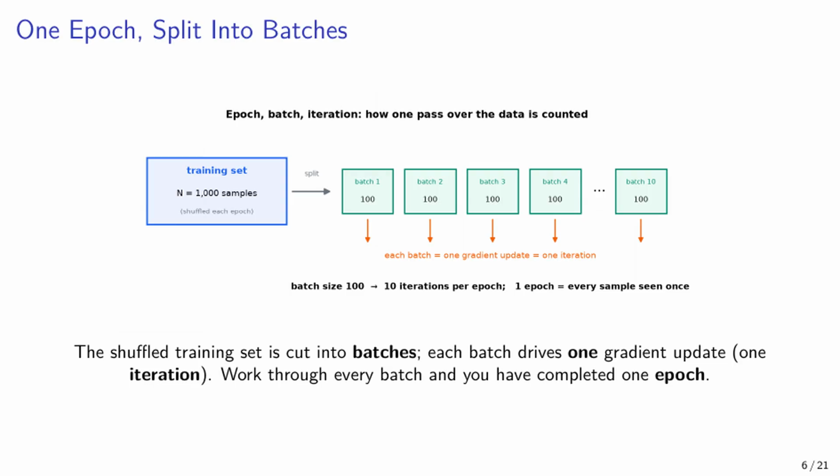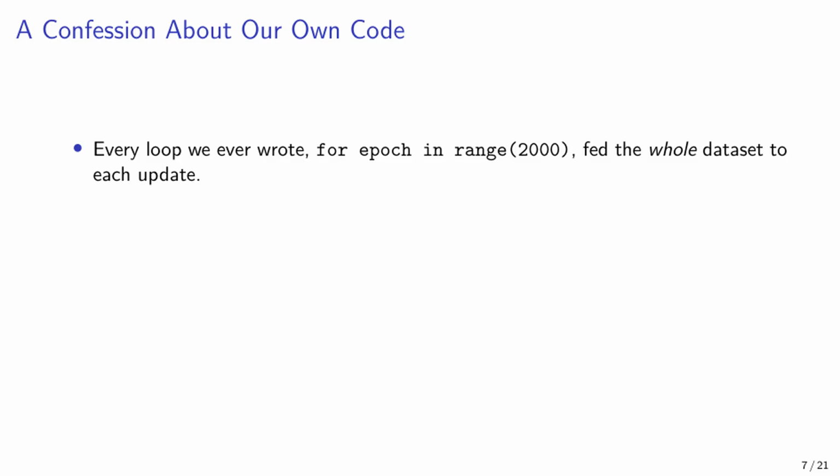Here is one epoch as a picture. The shuffled training set is cut into batches. Each batch drives one gradient update, one iteration. Work through every batch and you have completed one epoch. Now the confession about our own code. Every loop we ever wrote, for epoch in range of 2000, fed the whole dataset to each update.